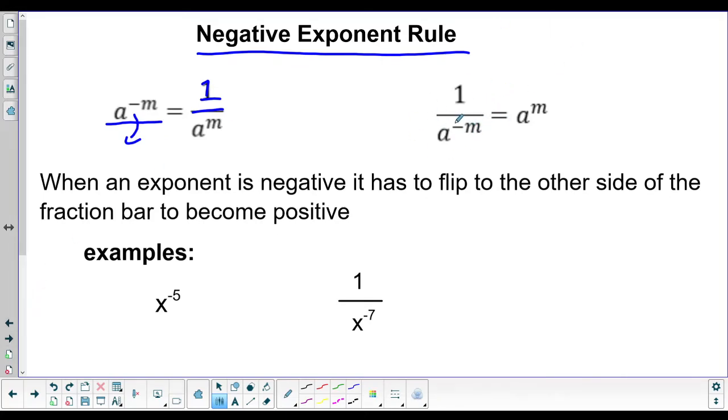We would move it to the other side of the fraction, so to the top. It's multiplying to the 1, but 1 times anything is just the anything. So a to the m. And then it would be over 1, but dividing by 1 does the same thing as multiplying by 1, which is absolutely nothing. So it simplifies to a to the m.